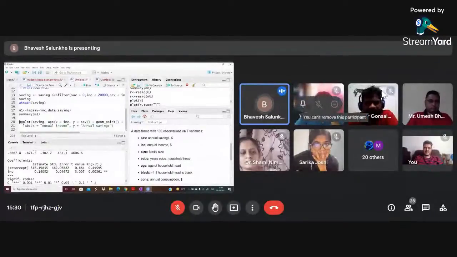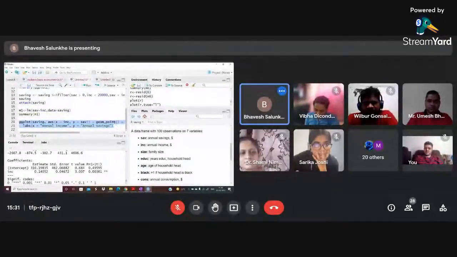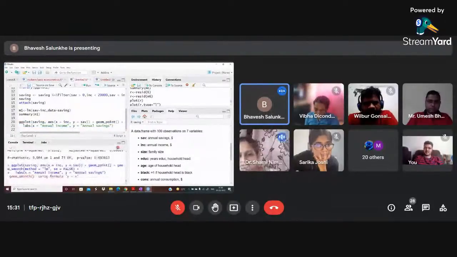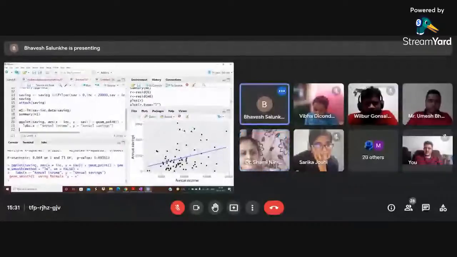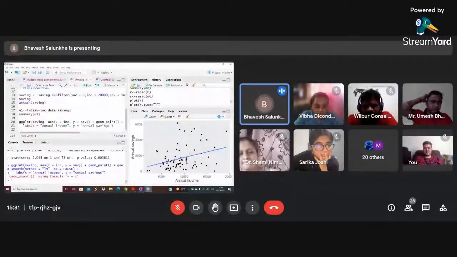Now we'll see if there is heteroscedasticity or not, with the test as well as the plot. So execute this command, ggplot, control enter. You have this command already with you, right? Yes, already plotted. Now from the plot itself, it is very clear what is happening to the pattern of the data. As income increases along the x-axis, on average annual savings is increasing, but the spread is also increasing.